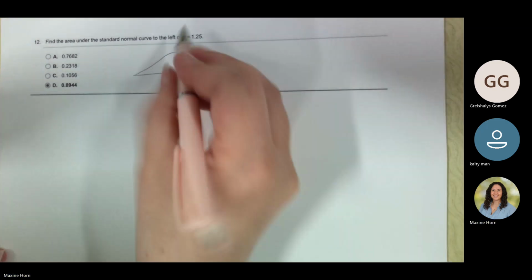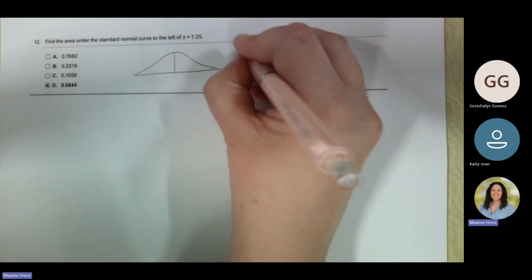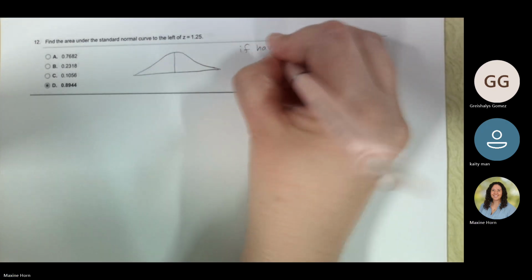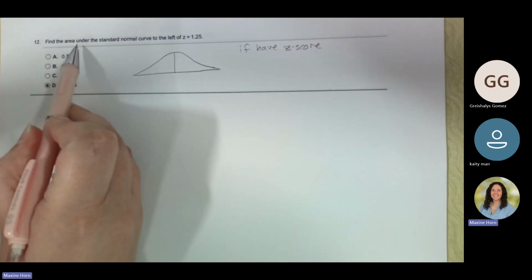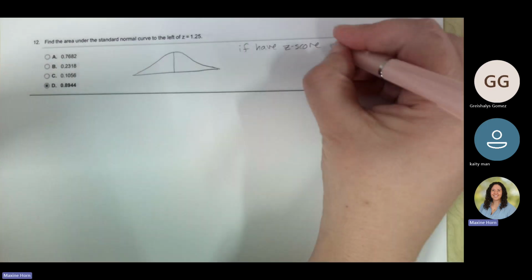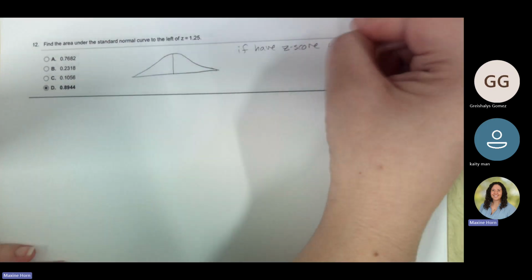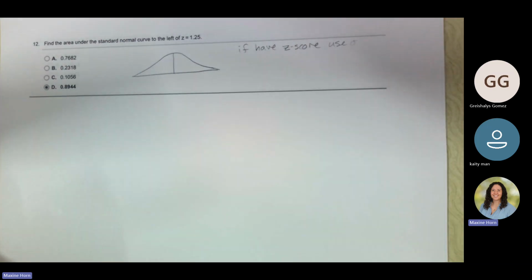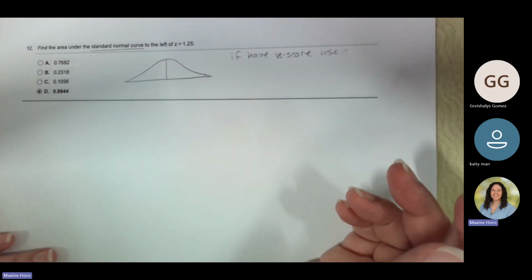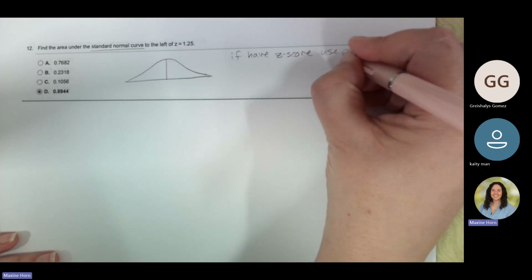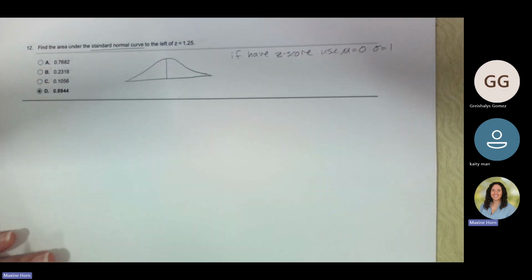So if we have a z-score, and we're trying to find area, then we can use, whoops, I wanted to start with the mean. We can just use a standard, well, they're telling us it's a standard normal curve. That means that our mean is 0 and our standard deviation is 1.